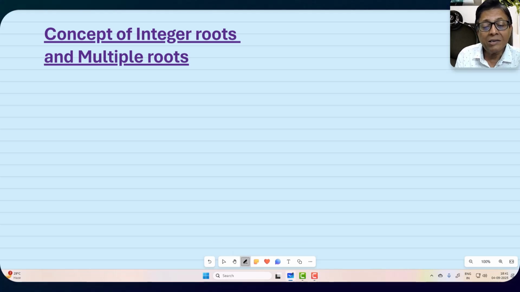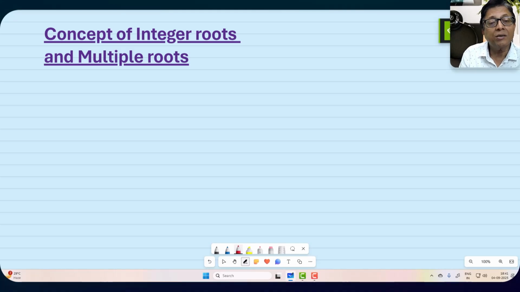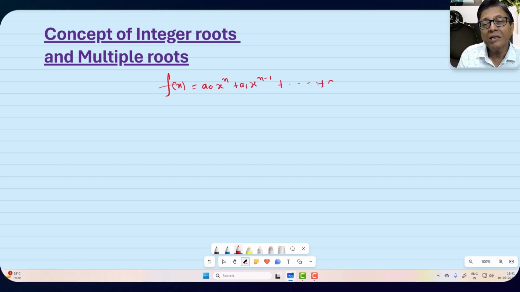Now let us start with the equation f(x) equal to a0 x to the power n, a1 x to the power n minus 1, this way up to an. These are all coefficients, a0, a1, a2, an, these are all coefficients. And we are going to discuss whether it has one integer root or not.